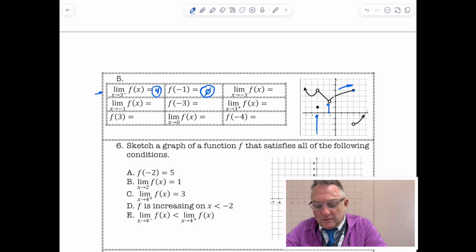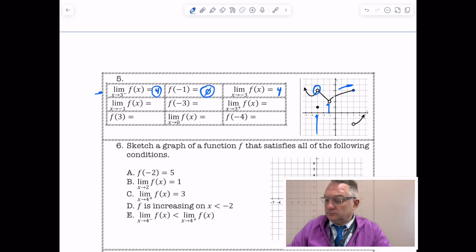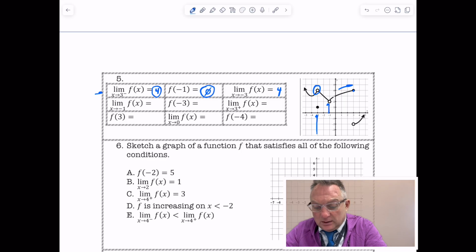It's this right here that it approaches from both sides, which is a y coordinate of 4. Okay. And then, let me see. Next row, when we approach -1, it's equal to that negative circle value of 2.